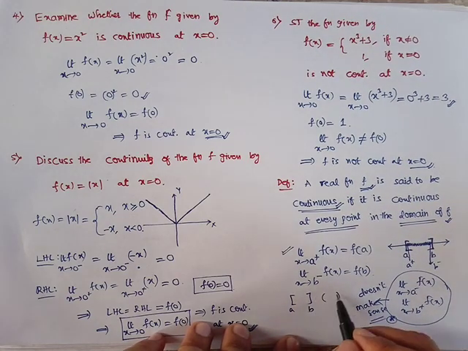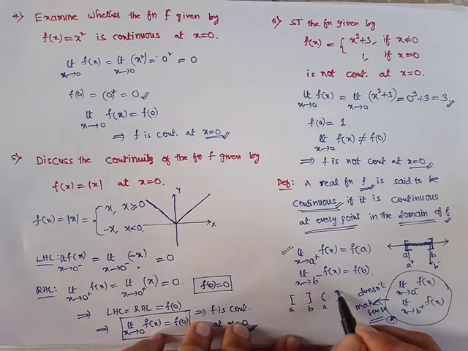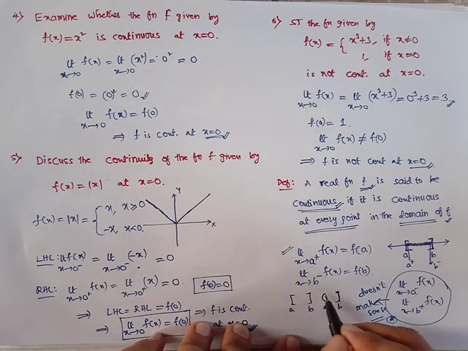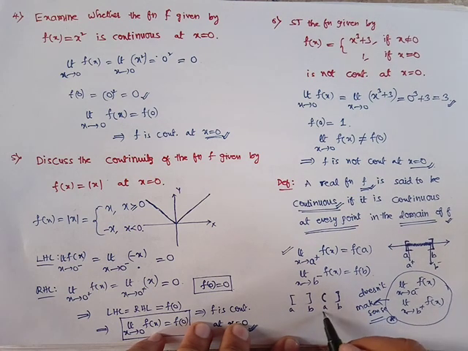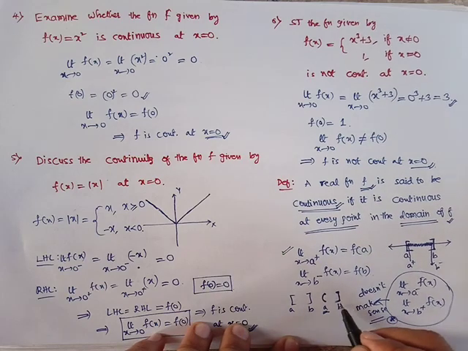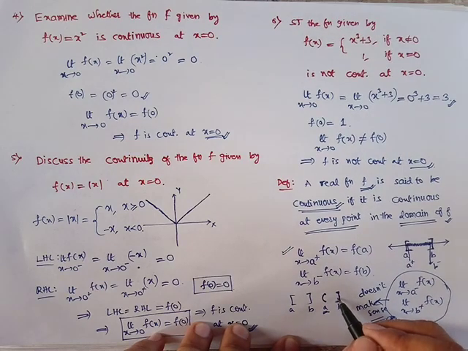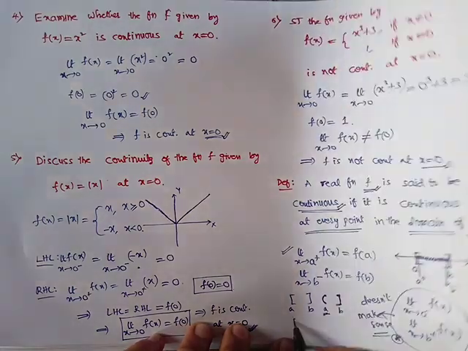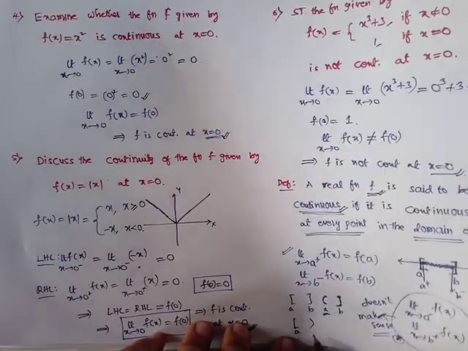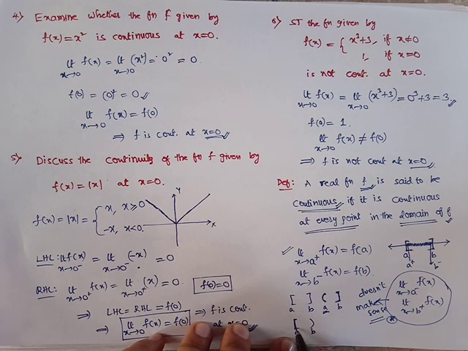For open a, closed b, you cannot talk about f of a because a is not included. At closed b, limit at b minus should be considered. For closed a, open b, a plus should be considered and a minus has no sense, and limit x tends to a plus should be equated to f of a.